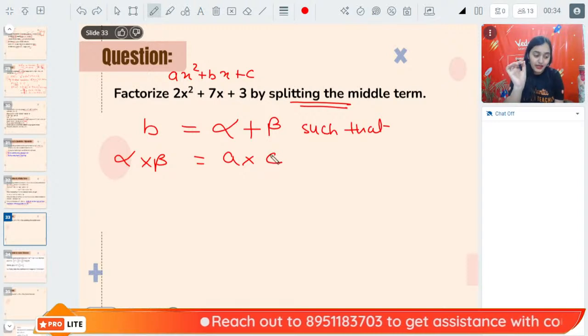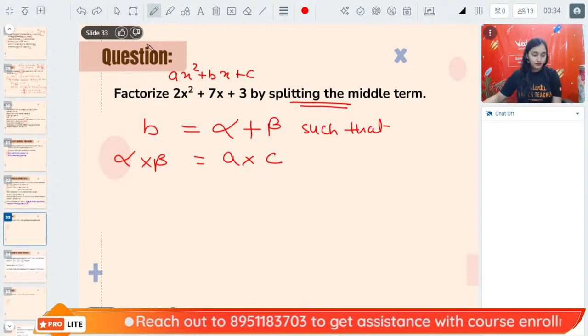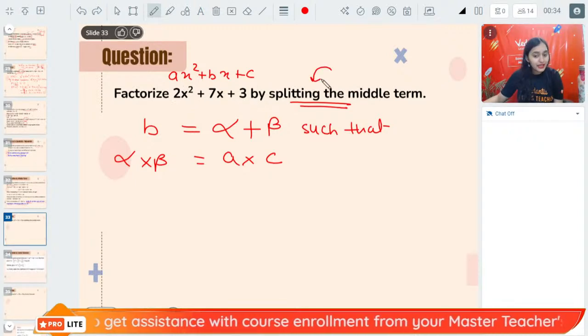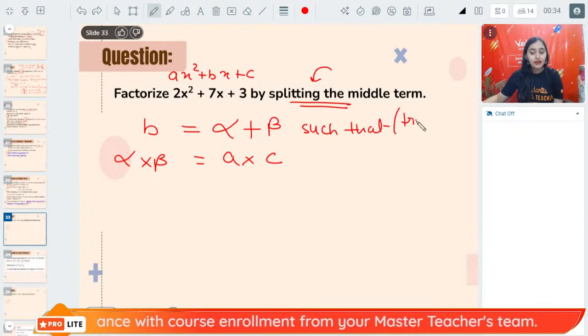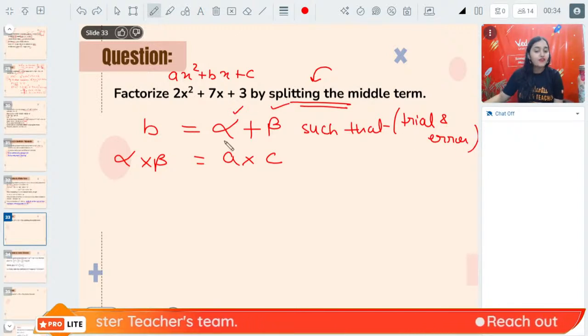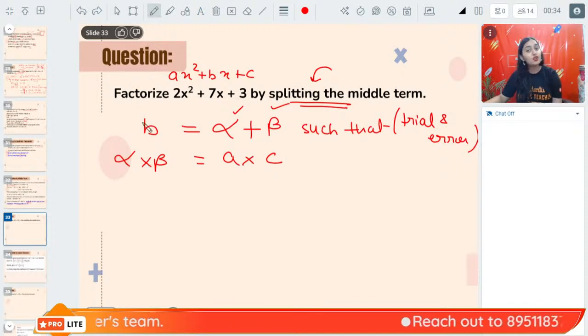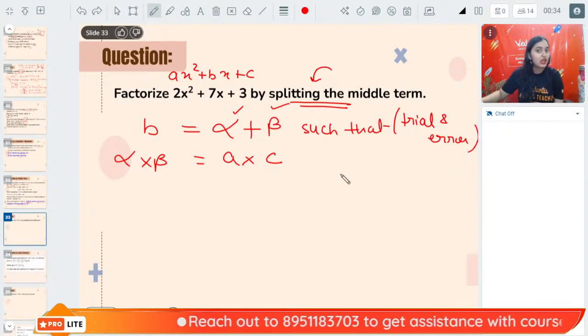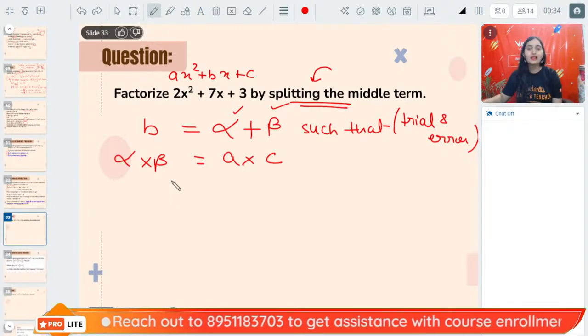Everybody try to understand it, okay? So ax square plus bx plus c is a polynomial. How to split the middle term? By trial and error, find out alpha and beta such that alpha plus beta is equal to b, alpha into beta is equal to a into c.